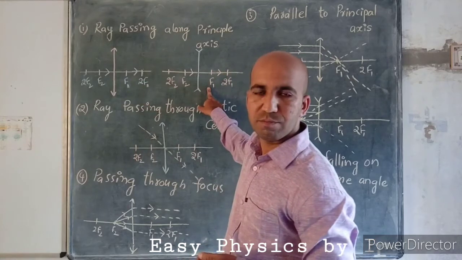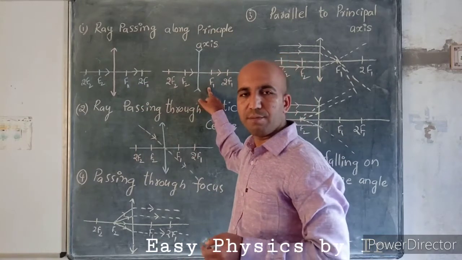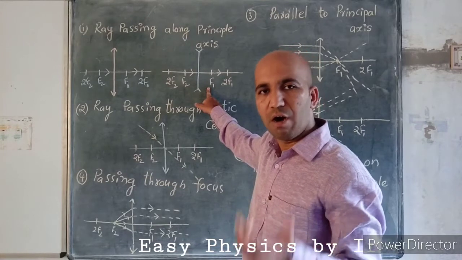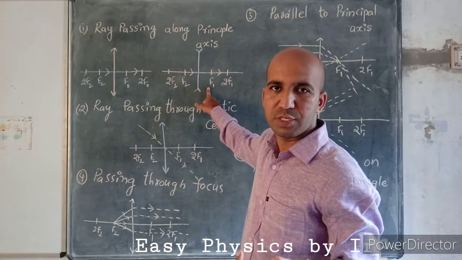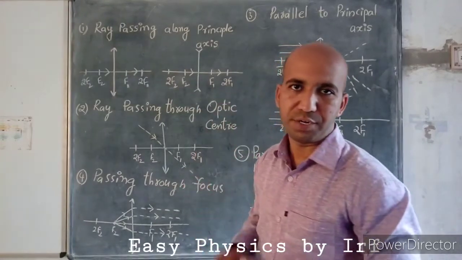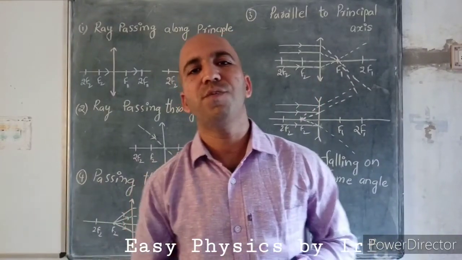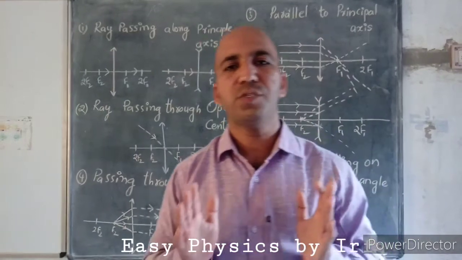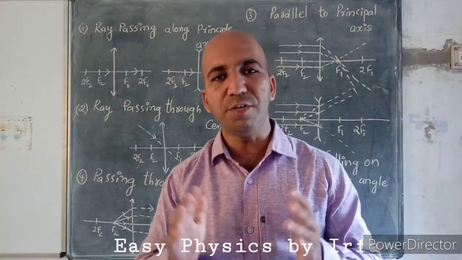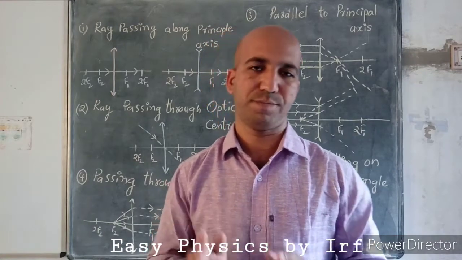And this diagram shows the ray diagram when a light ray is passing along the principal axis through the concave lens. It is also undeviated. So the first important point we need to remember is when a light ray is passing along the principal axis, it is undeviated after refraction.